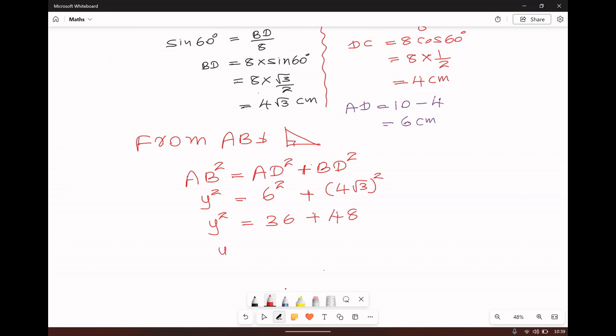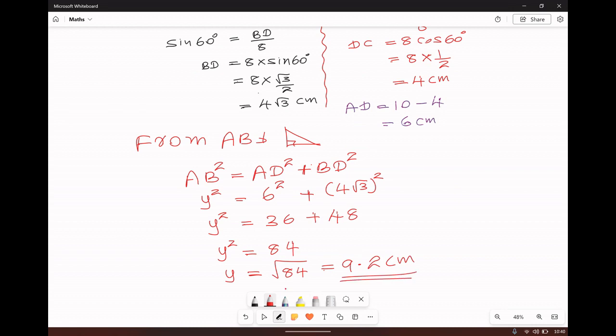Then y squared is equal to 36 plus 48, which is 84. Then we take the square root of both sides to get the y value. Again, we consider only the positive value, which is square root 84, roughly 9.2 centimeters.